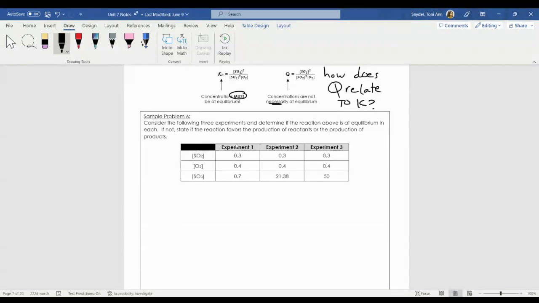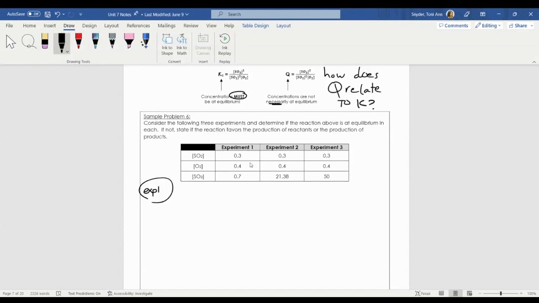If not, we'll state if the reaction favors the production of reactants or the production of products. So let's take a look at experiment 1 first. We're going to plug all of these concentrations for experiment 1 into my equilibrium expression. But I don't know if this is at equilibrium or not, so we're going to figure it out.